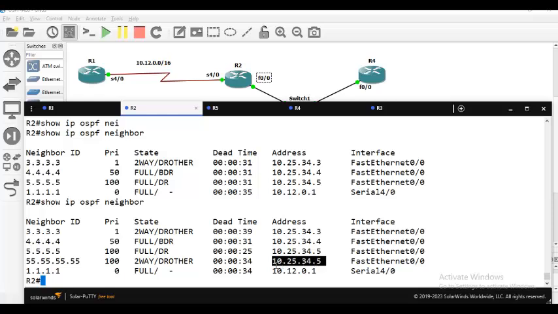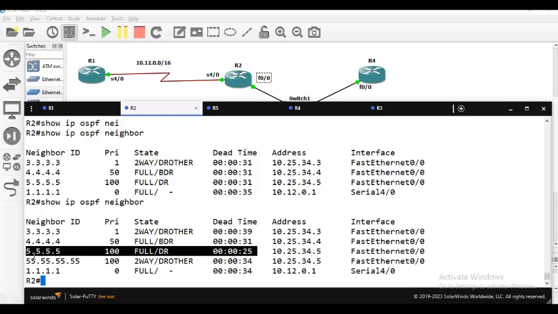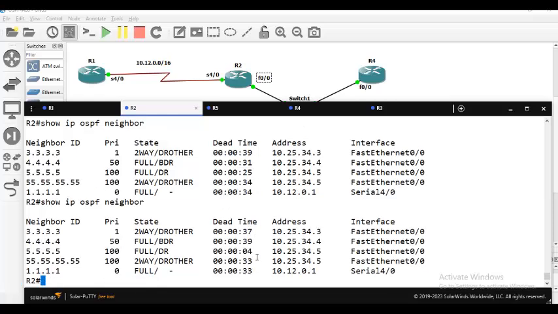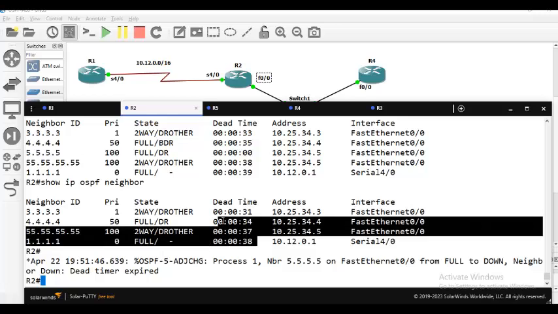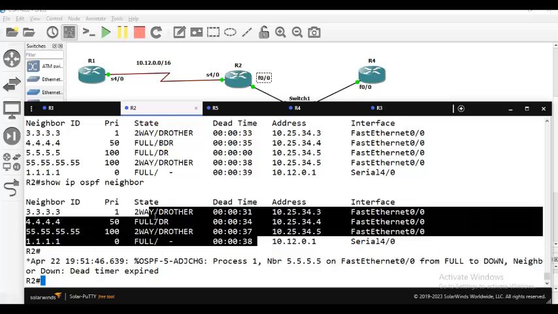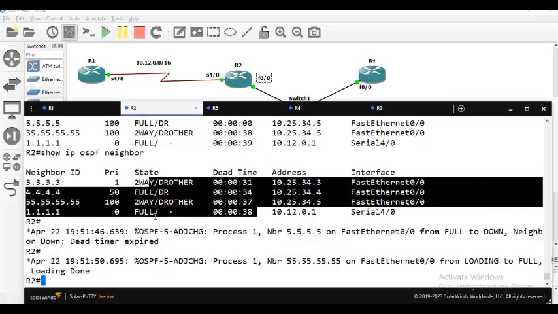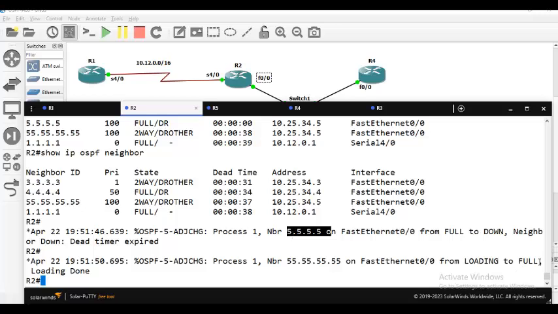Now you see who has become DR? Router 4 has become DR. You know why? When the old DR dies, the backup DR will become DR. And when a new DR comes, whatever the priority it may have, even though it has got the biggest priority, because already this DR is there.